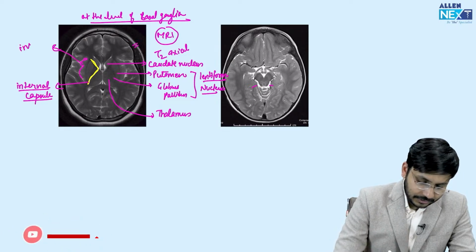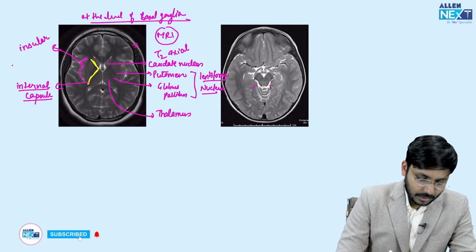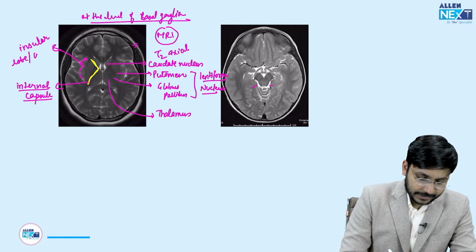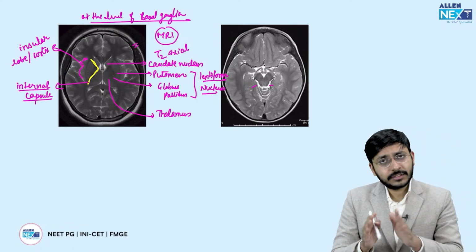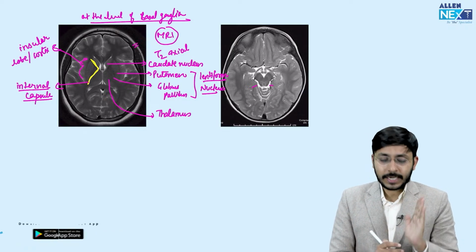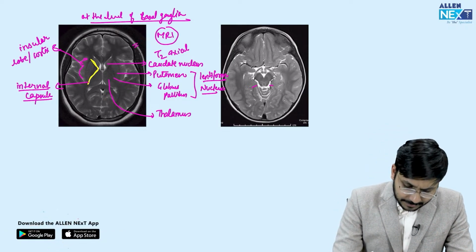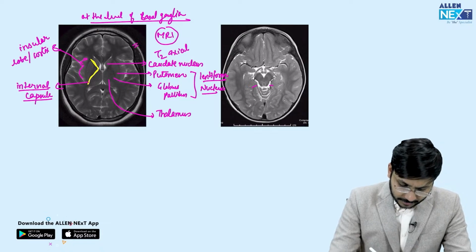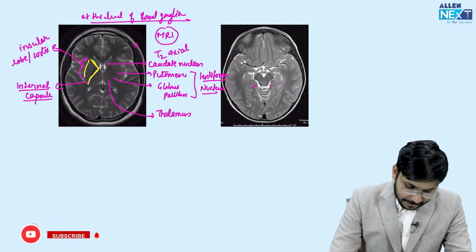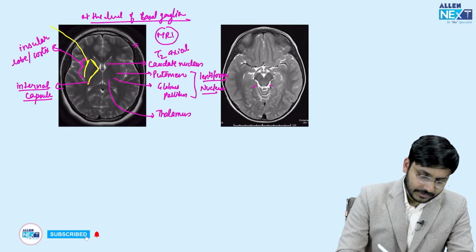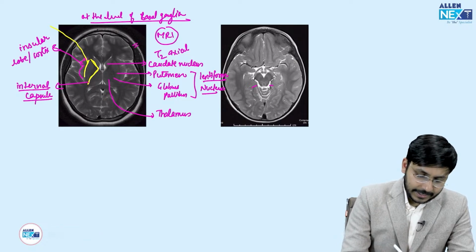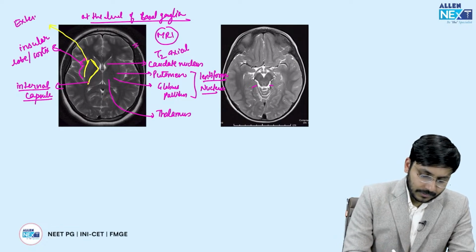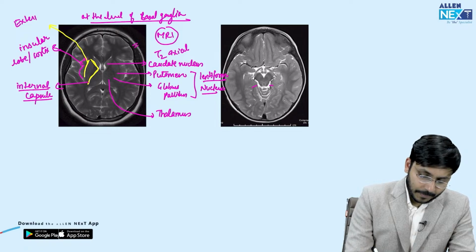This is the insular lobe or the insular cortex. Anatomically, it is taken as part of the temporal lobe only. But just beneath this insular lobe, we again have one white matter that is known as the extreme capsule.